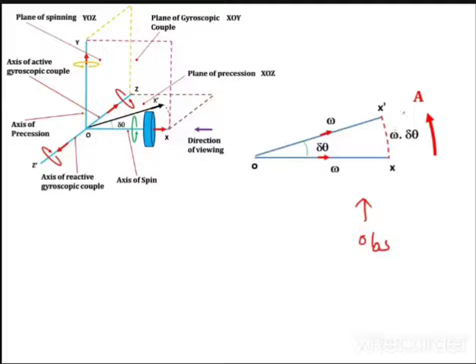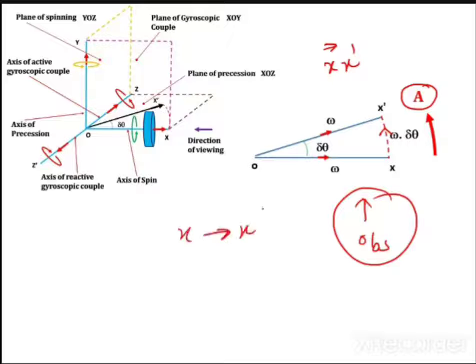Now if you look into this figure, what do you see? Your arrow is from x to x dash. So means what? This active gyroscopic couple, that is A, is away from the observer. Right? When you bring the observer here, your initial position was OX, your final position became OX dash, so how will your arrow be? X to x dash. Right?